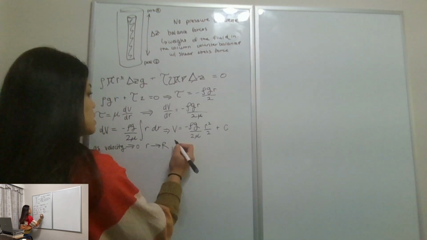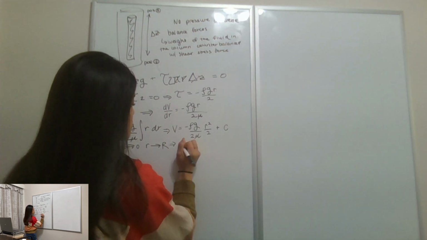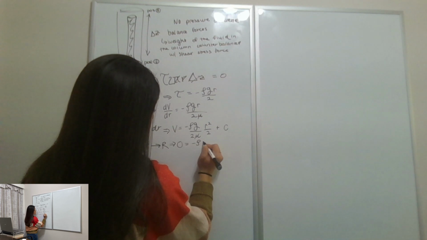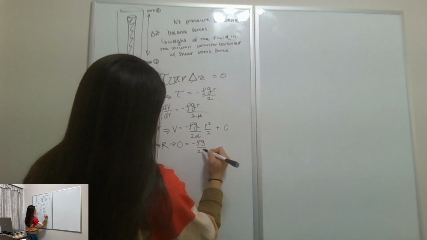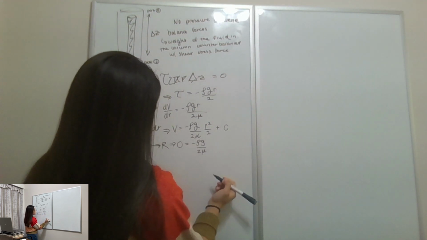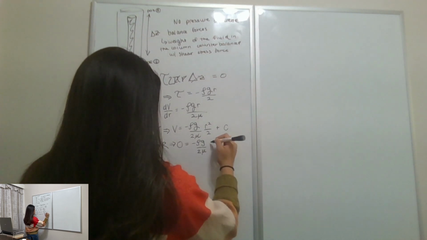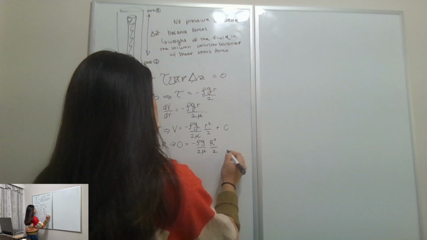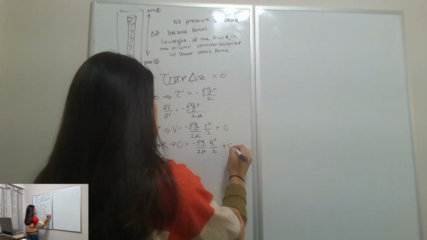So that's going to give us 0 equals negative density times gravitational acceleration over 2 times the viscosity times capital R, the outer radius, squared divided by 2, plus the constant of integration.